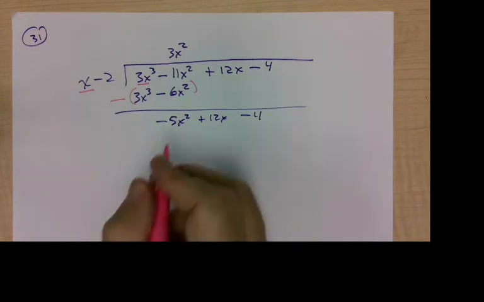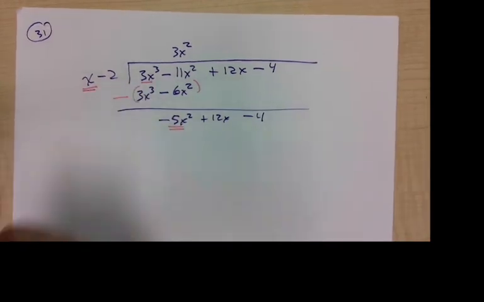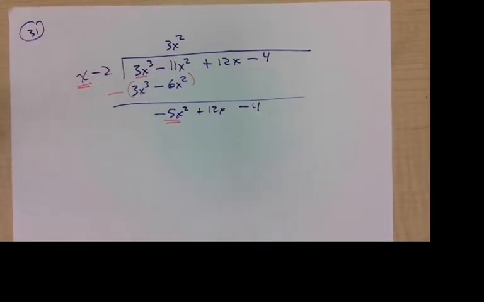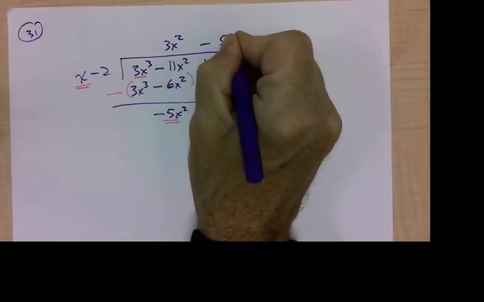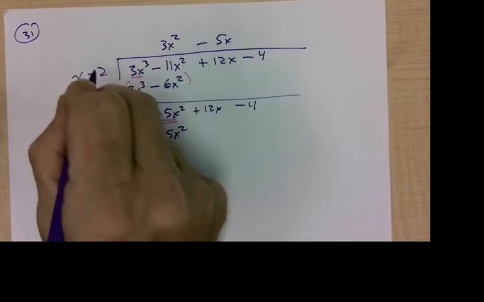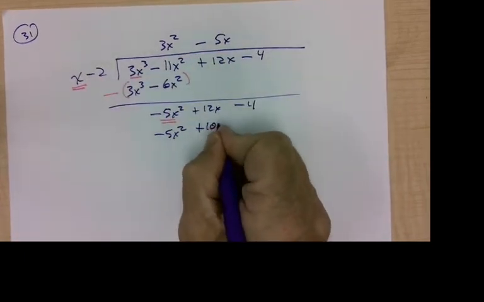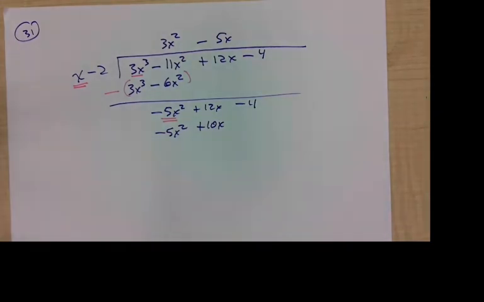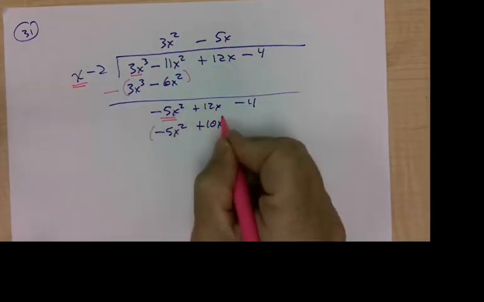And let's divide again. This time negative 5x squared divided by x is negative 5x. So we get negative 5x up here. Negative 5x times x is negative 5x squared. Negative 5x times negative 2 is plus 10x. And again, we have to subtract.